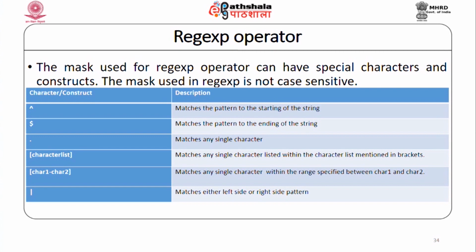The symbols used in regular expressions are caret to match a pattern at the start of a string, dollar for the end of a string, dot to match any single character, and brackets used for a range. You can use a hyphen for a range, brackets match any single character from the bracket, and the pipe symbol is used as the OR operator.